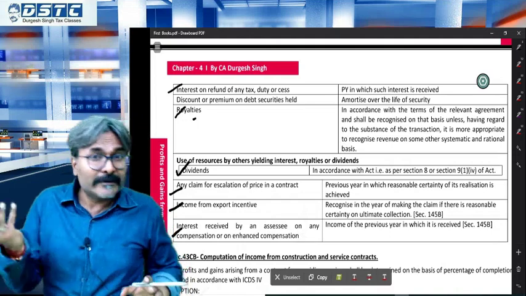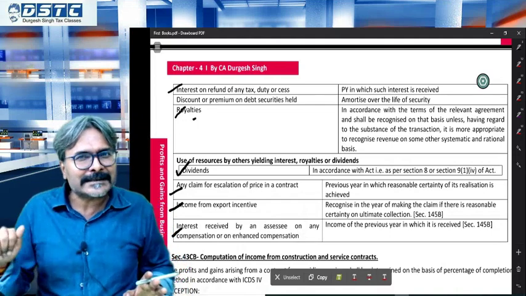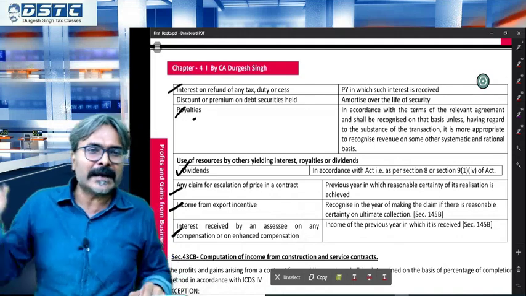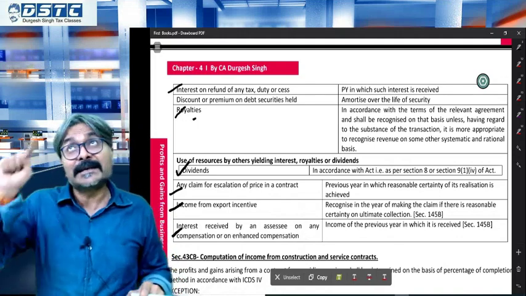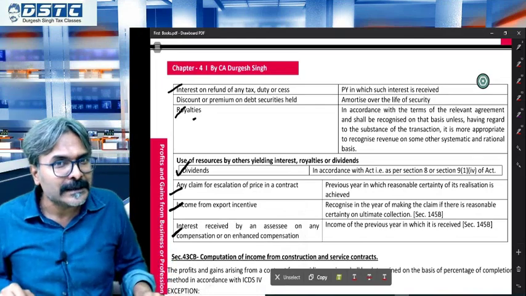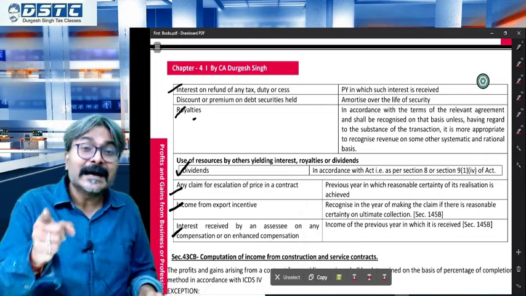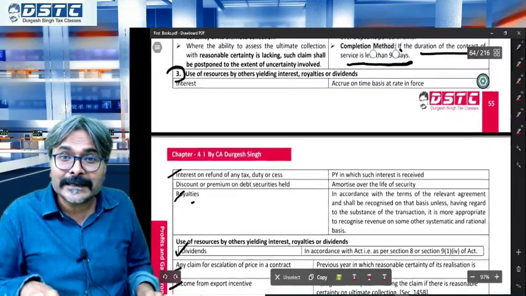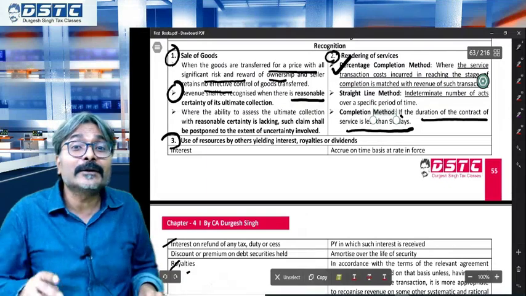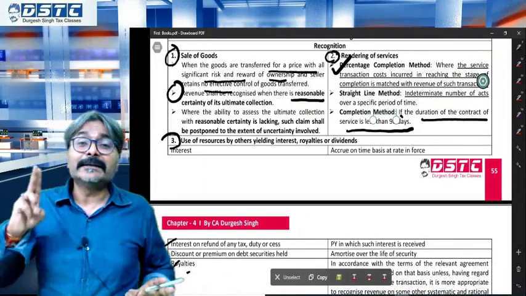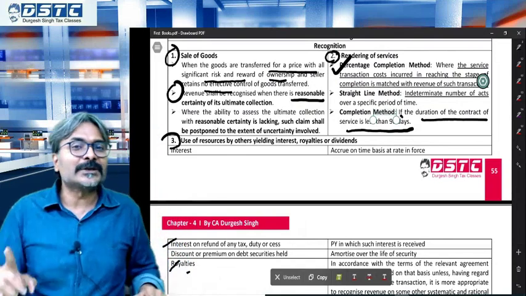So here we are giving only adjustments, add and less, in the head PGBP and IFOS, and this add and less is on the profit as per the commercial accounting principle. Hence ICDS is not targeting all the heads. ICDS is targeting only the two heads which are influenced by the commercial accounting principle.